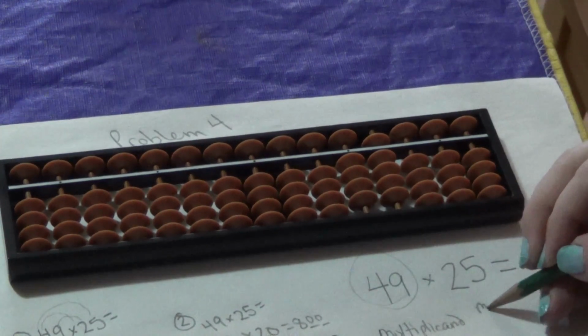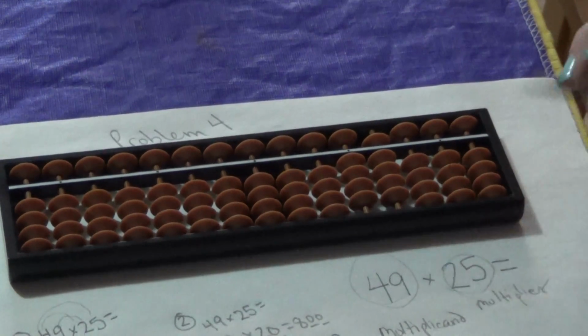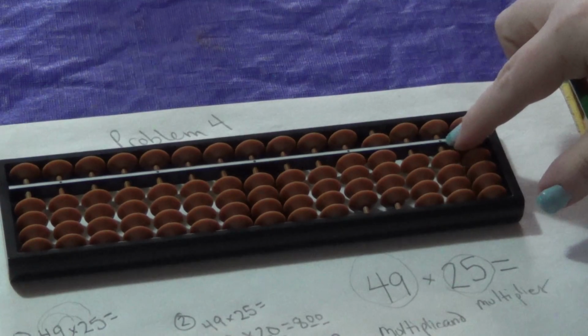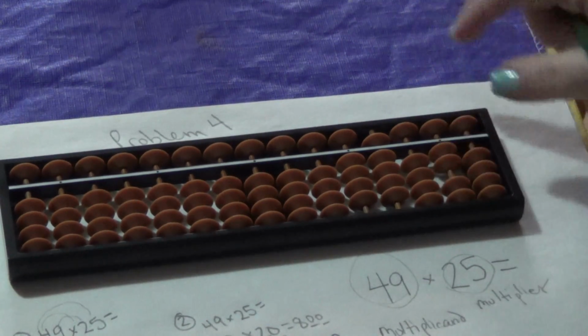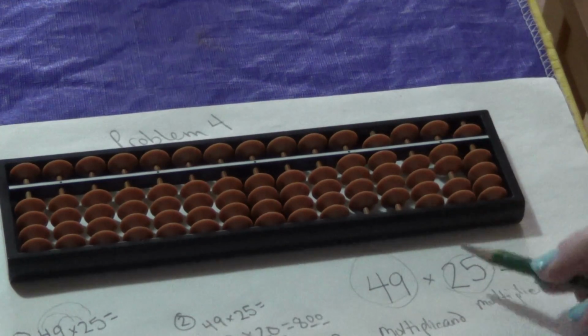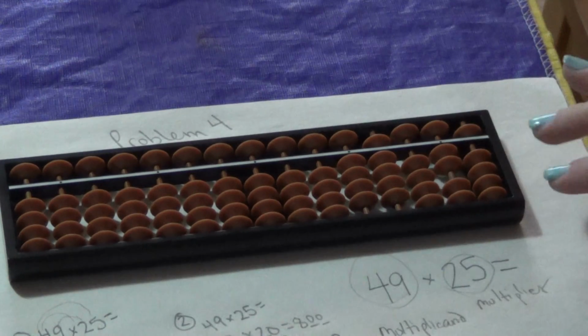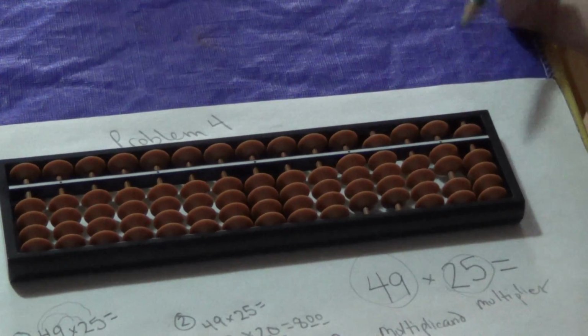And then our multiplier, the thing that tells us how many groups we have, the second part of our multiplication problem, we're going to put on the first reference dot from the right, all the way at the very end. We made our 25. And so now you can read our math problem here. 49 times 25.